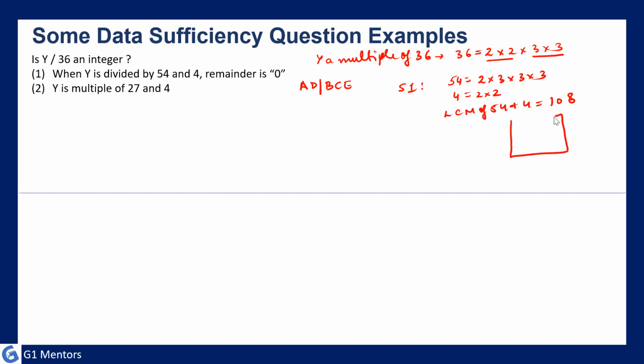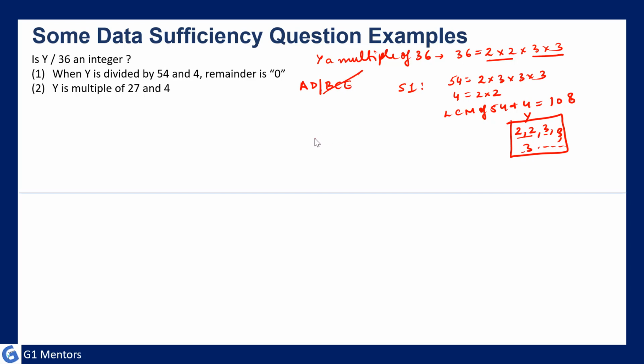So the prime box of y according to statement 1 will be 2, 2, 3, 3, 3 and some other numbers. So it contains 2 2's and 2 3's. Hence, statement 1 alone is sufficient to answer is y by 36 an integer or not. So we strike off BCE.